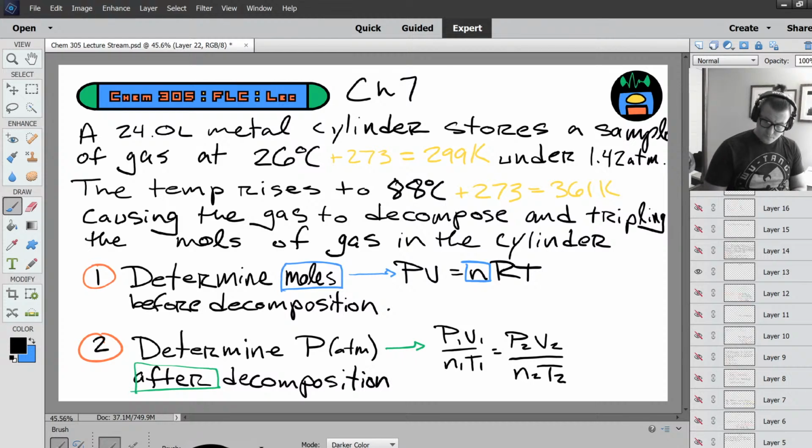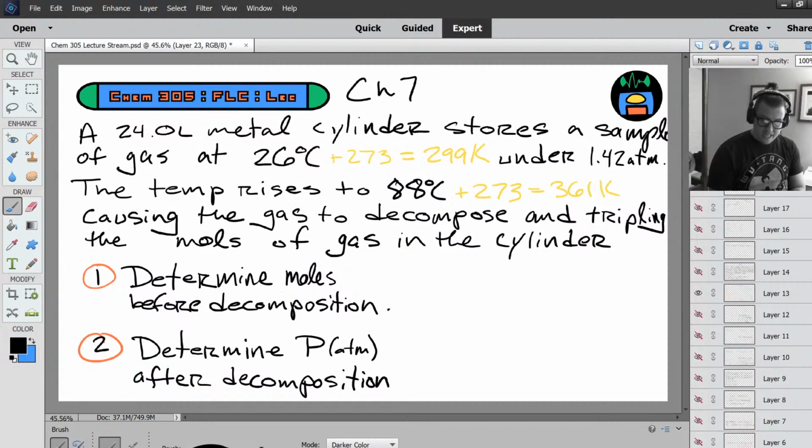All right, let's solve this problem. So first off, we need to determine the moles present in the cylinder before the decomposition, right? So we're dealing with PV equals nRT.